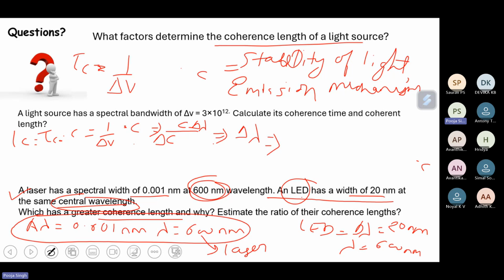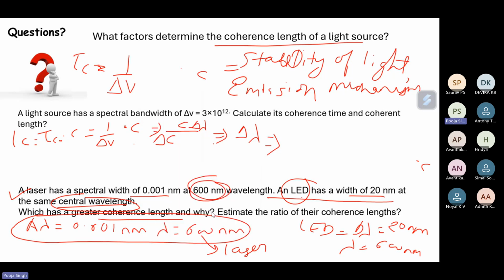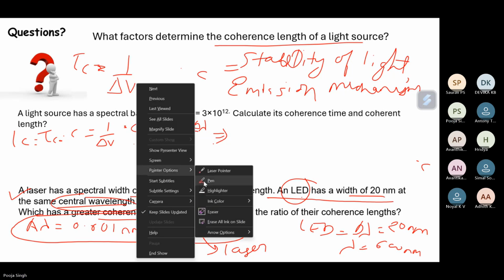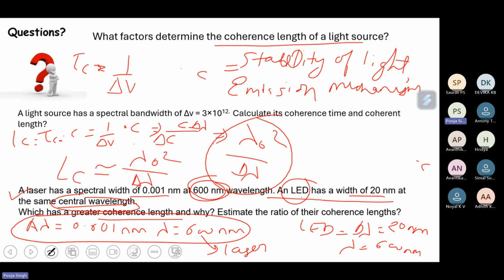When you solve it, it will come lambda square upon delta lambda. So LC is basically equal to lambda square by delta lambda.